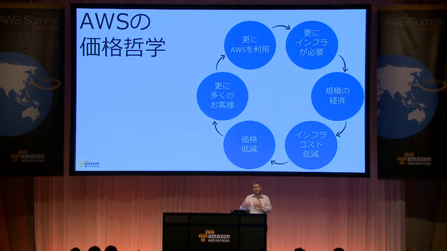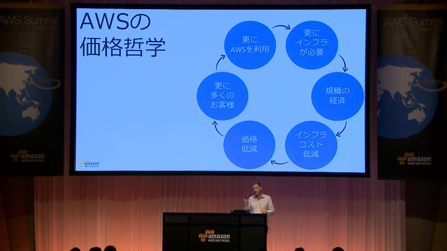We deploy the infrastructure that you use, and as we deploy more infrastructure, we can buy it cheaper because we're buying an enormous amount. Economies of scale. That allows us to lower the cost of infrastructure and pass those savings on to the customers. And of course, that is interesting to customers, and so we get more customers. And so this cycle is self-reinforcing, and it spins faster and faster as we execute on it, if we execute well.